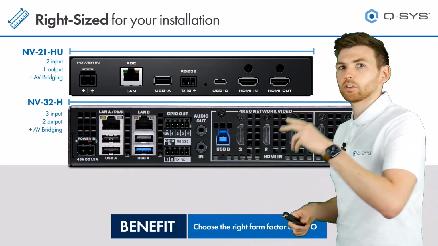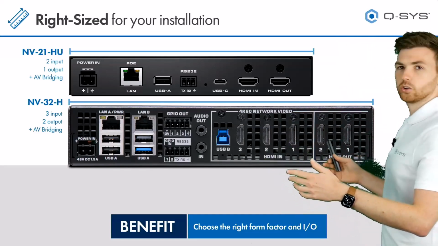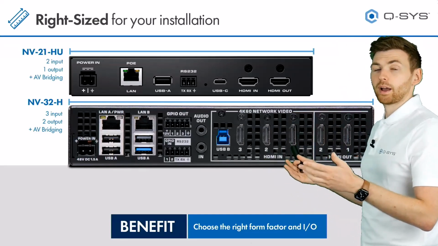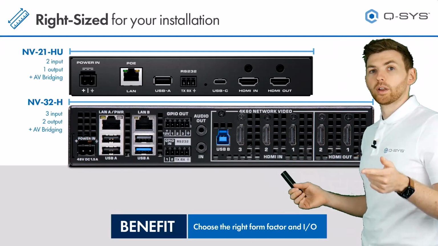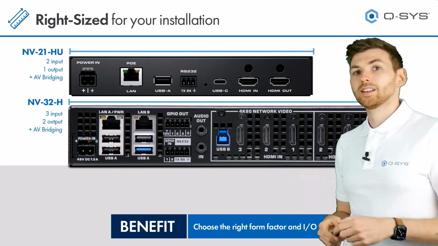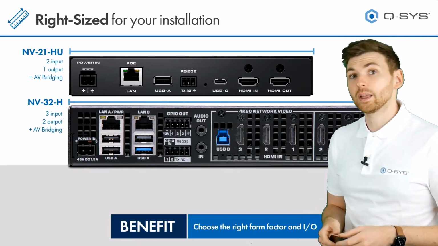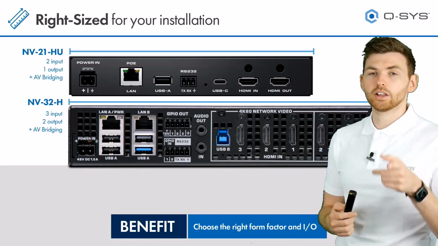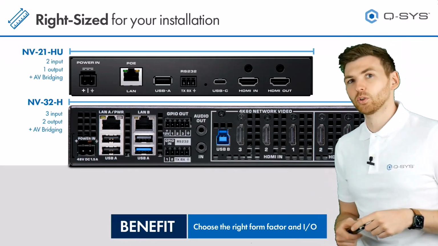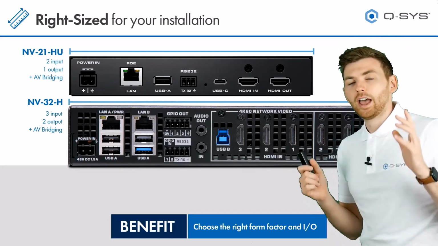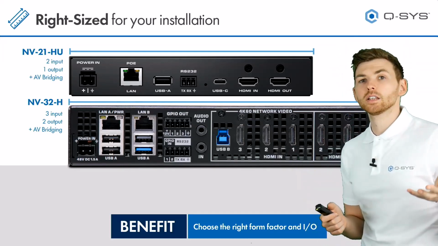Just a note on power requirements. The NV32 is a pretty powerful product. This does work on PoE, but it's PoE++, and not only is it PoE++, it's the 802.3bt spec. And if you give that a quick Google, which I did before the webinar, because no one remembers this stuff, 802.3bt is 90 watts.